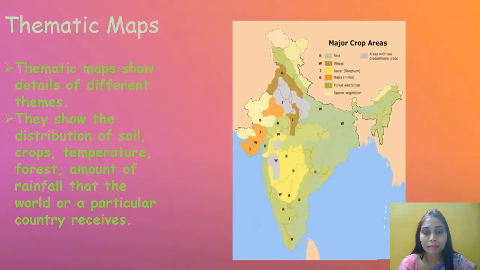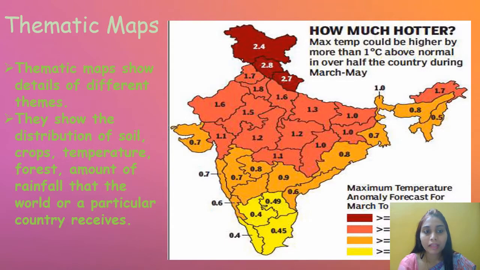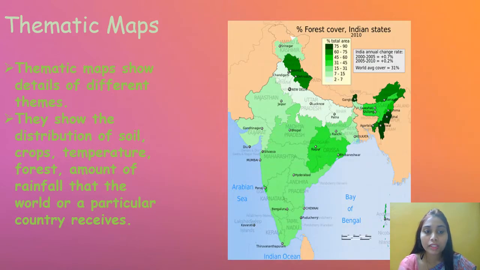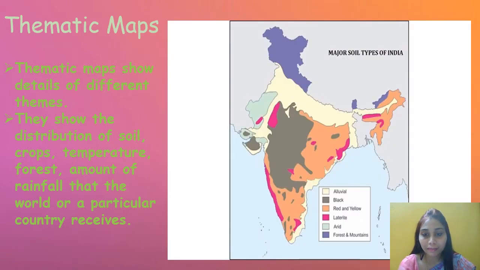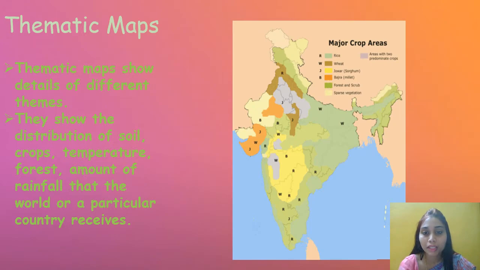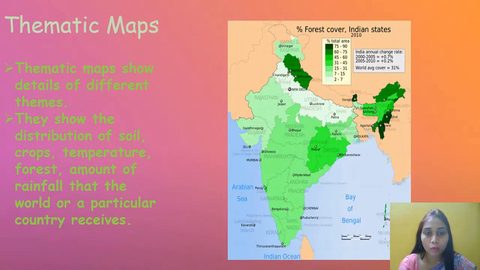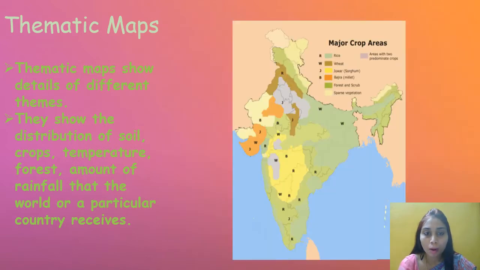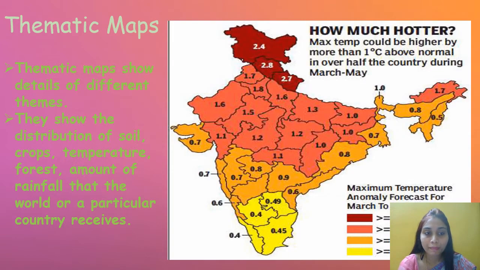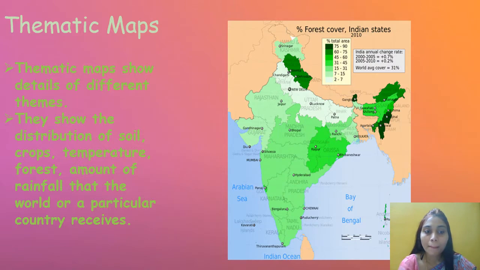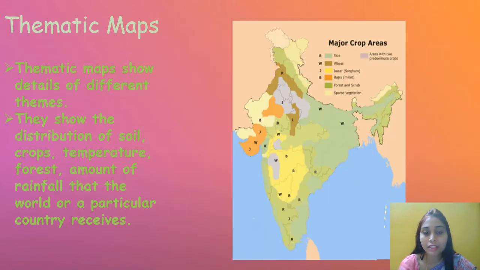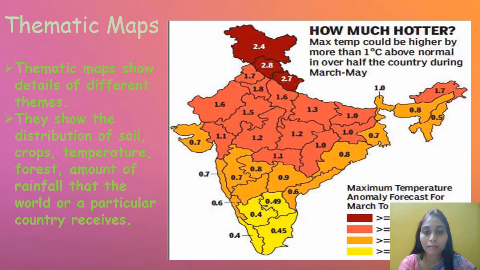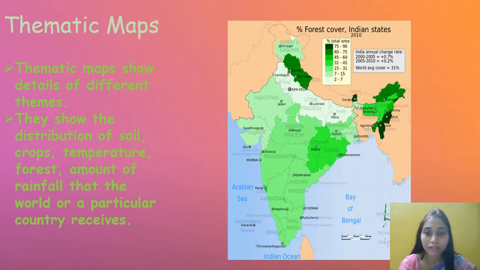Next, let's learn about thematic maps. Thematic maps show details of different themes. They are based on a particular theme. Like what? Like distribution of soil, crops, temperature, forest, amount of rainfall in a particular area or a country, how much rainfall it receives for that year.